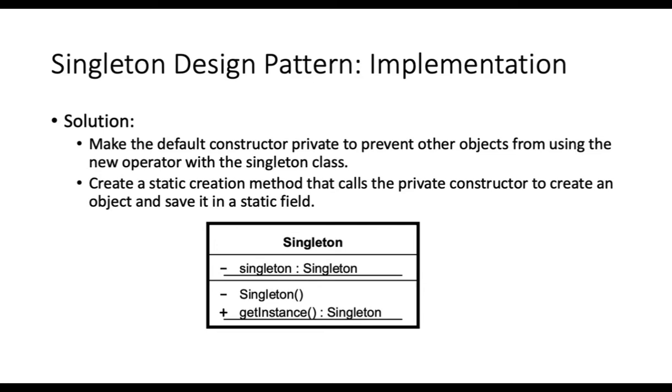Implementation is twofold. First, we need to make the default constructor private. This will prevent other objects from using the new operator and directly instantiating objects from our Singleton class. Second, we need to create the single instance inside a special method, also known as a factory method, where we call the private constructor and return a new object to the caller.